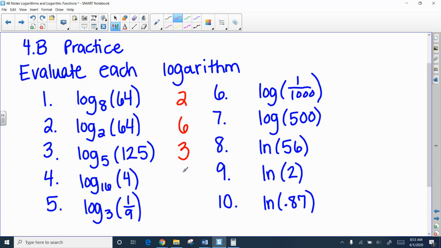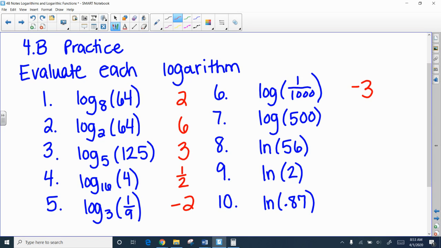Number 4, this one is a little tricky. This one is a 1/2 power. And number 5 is -2. Number 6, remember these first two, if they don't have a base written, but it says the word log, these are a base of 10. So number 6 is -3.